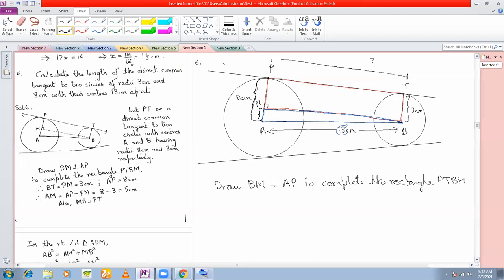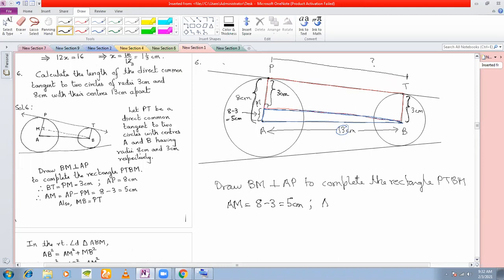If you see, this entire length is 8 centimeters, this length is 3 centimeters. That means this length must also be 3 centimeters. That means this length here must be 8 minus 3, which is equal to 5 centimeters. So AM must be equal to 8 minus 3, equal to 5 centimeters.